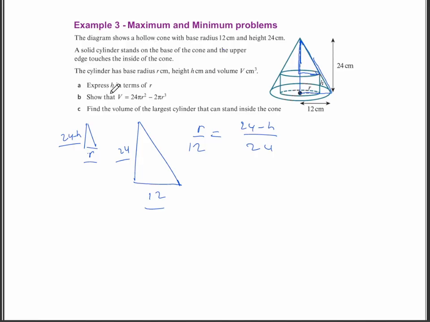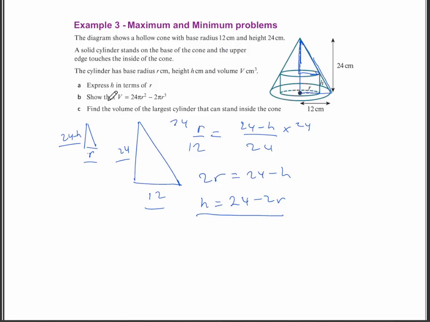From that, we want to express h in terms of r, so make h the subject. We can multiply 24 on both sides, and this will give us 2r equals 24 minus h. Then rewriting this will give us that h equals 24 minus 2r. That's going to give us a value of h in terms of r.